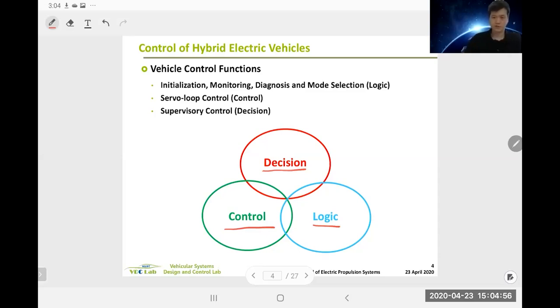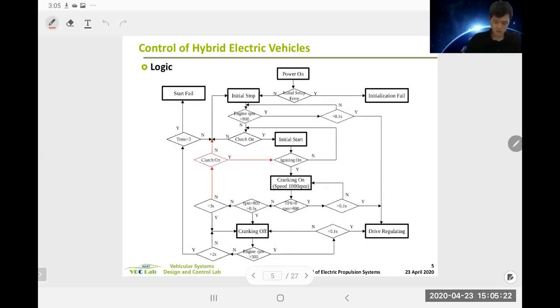When you actually look at a controller, it has a lot of logic, you know, if-then-else kind of thing. So if this happens, then do this; if that, do that. And then you also have to make some high-level decisions, depending on different conditions. Here is one example of logic.